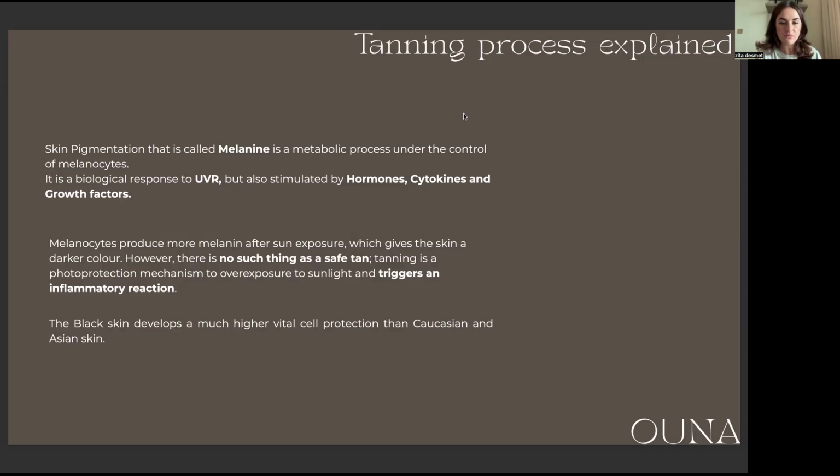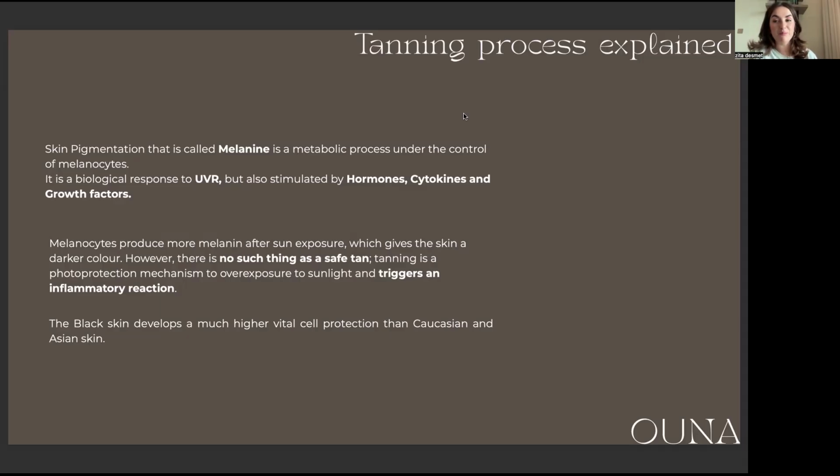There's no such thing as a safe tan, as it's actually a scarring on your skin. Tanning is a photoreaction mechanism due to overexposure to sunlight and triggers the inflammatory response.